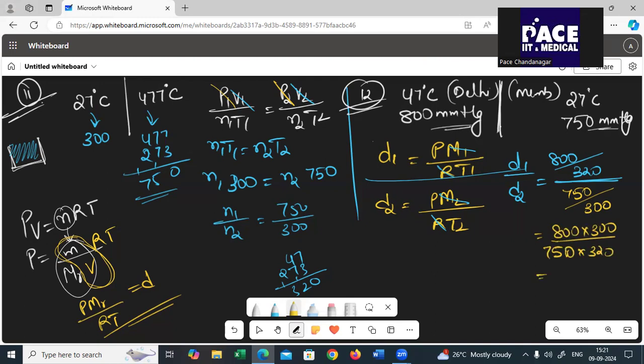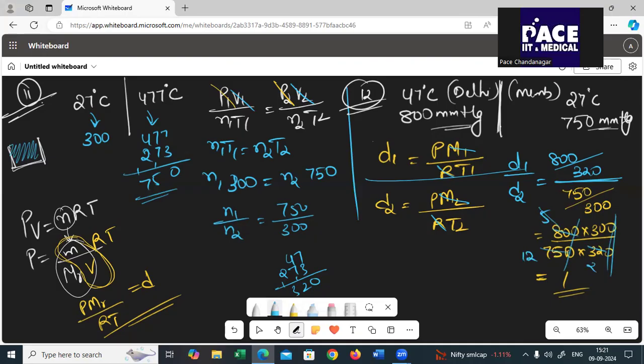Now you go on cancelling this. I have done it with my calculator, but you use your brains and do it very quickly. This answer is going to be 1. Or why use a calculator? This 0 gets cancelled. 16 twos are 16, fives are 75. Oh, it is not getting cancelled this way.